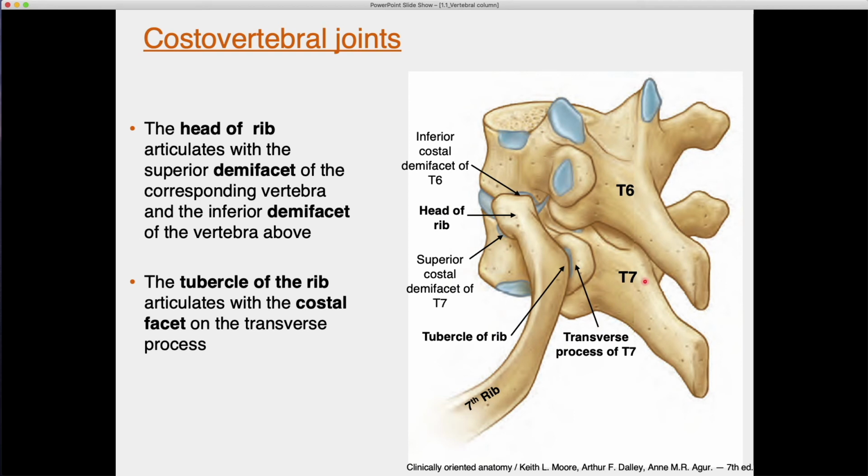There's one more point of articulation, and it's between the tubercle of a rib, which is this bony projection as the rib starts to angle away from the spine. That tubercle articulates with the transverse process of its corresponding vertebrae.